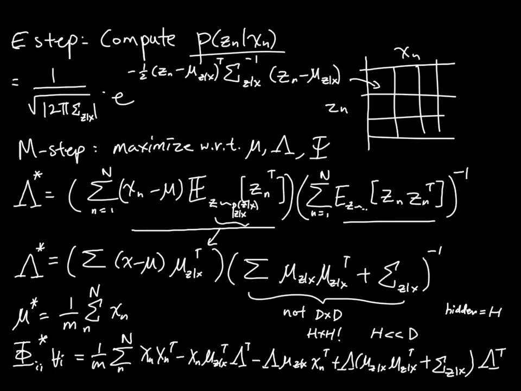Okay, and that's for all the indices of psi. So what you can do is make this entire thing first, and then just select the ith index of this matrix. You don't want anything else because you don't want it to become a negative variance. So that's why you only keep the diagonals.